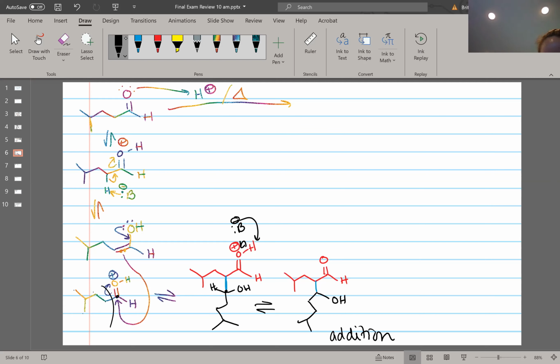So what's the first step here for the condensation to occur? What do we need to get rid of? Won't the other alpha hydrogen be deprotonated or removed? Yeah, we're going to have to pull off the other alpha hydrogen.